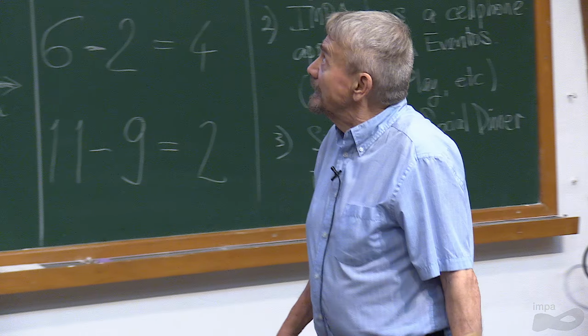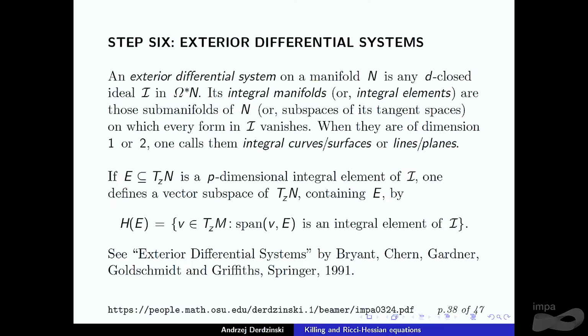So an exterior differential system, I have the definition here, it's any d-closed ideal in the algebra of differential forms on a given manifold. We have the concept of integral manifolds and integral elements, which means things that are potentially tangent spaces of integral manifolds. We'll talk about integral curves or surfaces and integral lines or planes. And let me proceed further.